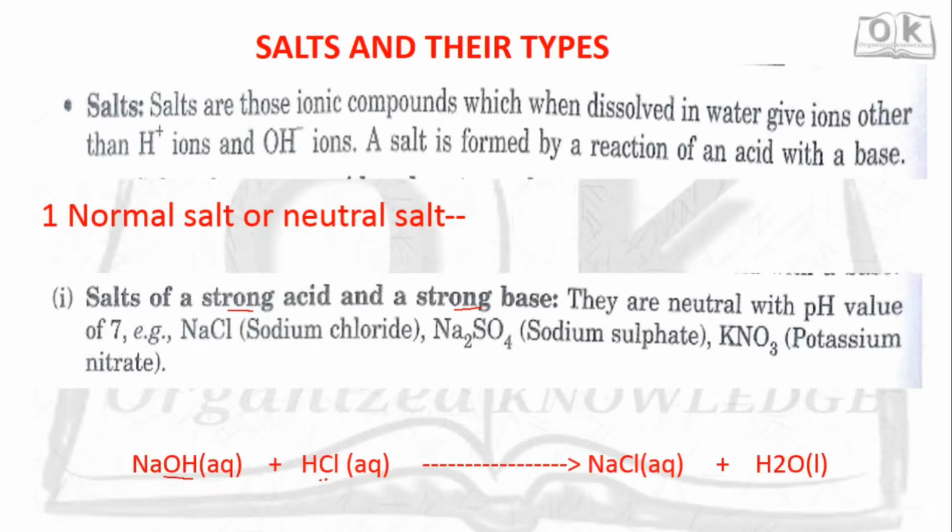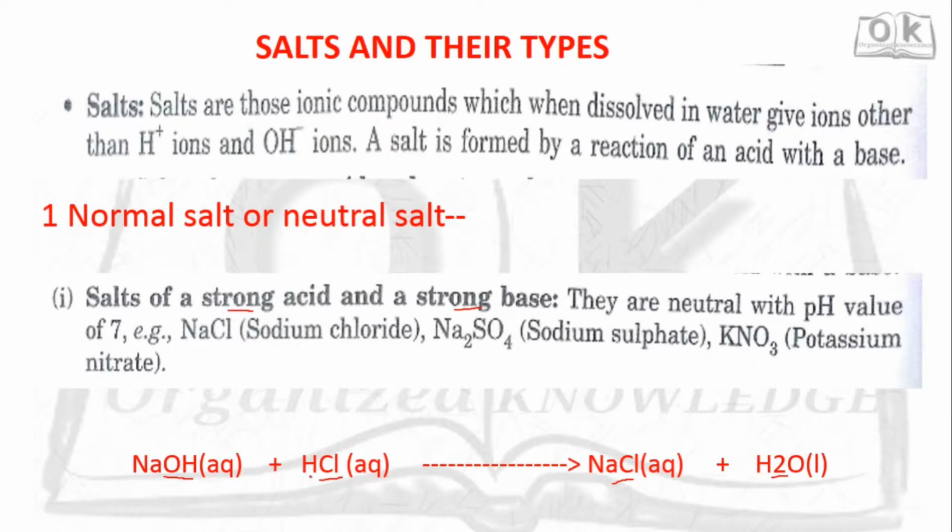And here let's take the example sodium hydroxide, that is a strong base, and hydrochloric acid, also a strong acid, and after reacting with each other it will form sodium chloride and water, and this sodium chloride is a salt, and this salt will be neutral salt.